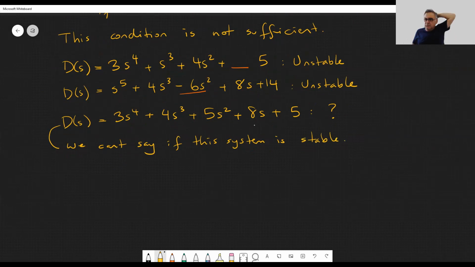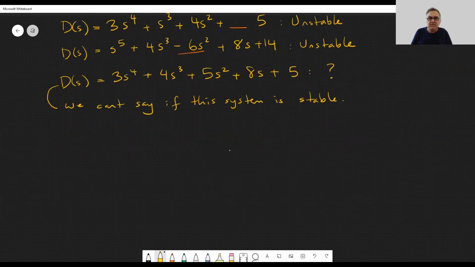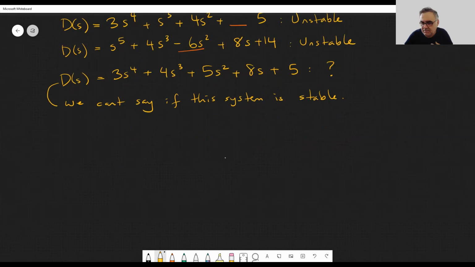Except for first and second order systems, for which this is a sufficient condition.